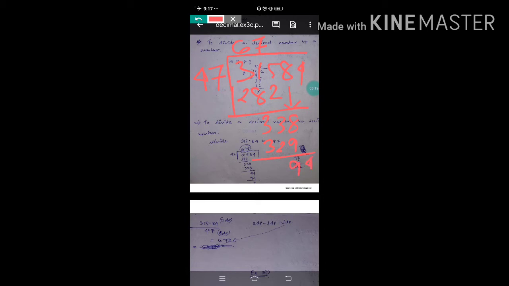Okay, so again 47 is smaller than 94, so again we can multiply. If you multiply 47 times 2, then I will get here 94. So this is done. So now 672, that means if you divide 31584 by 47, the quotient you will get is 672.